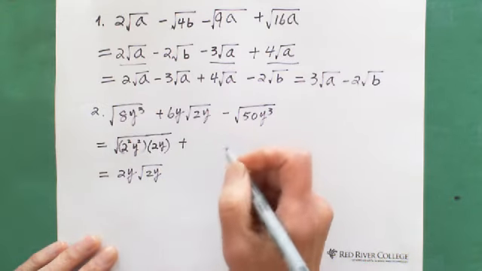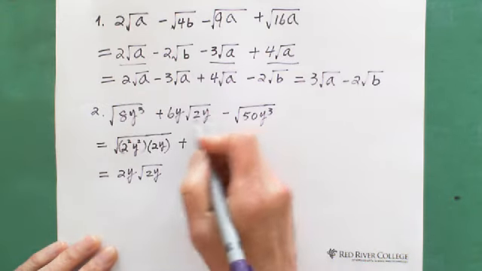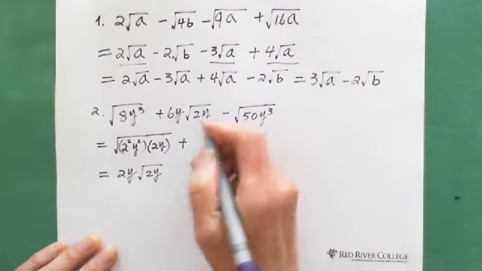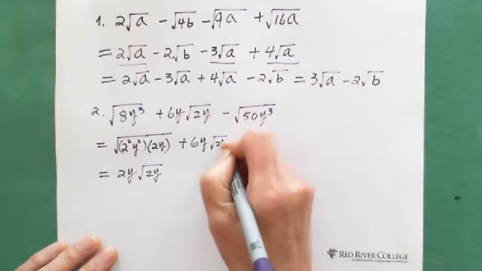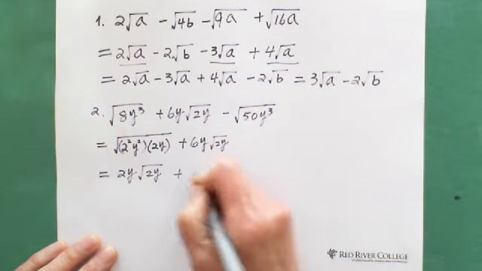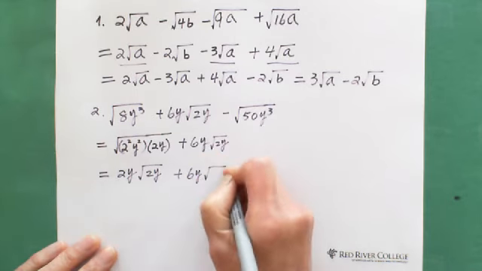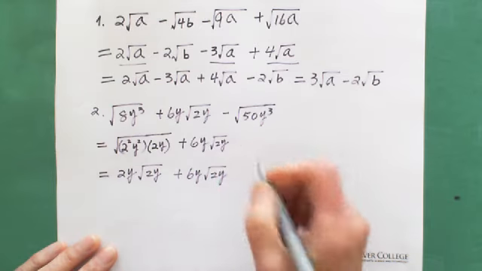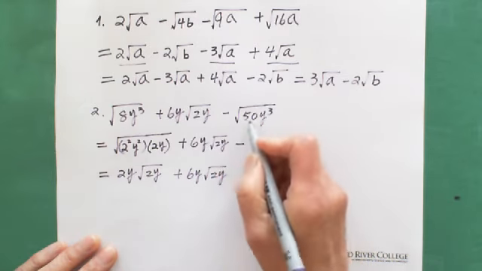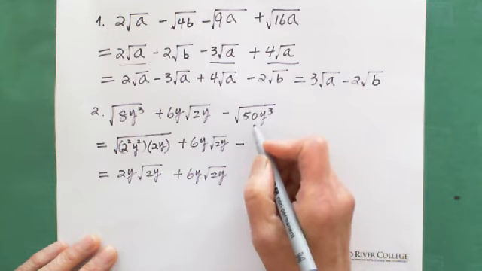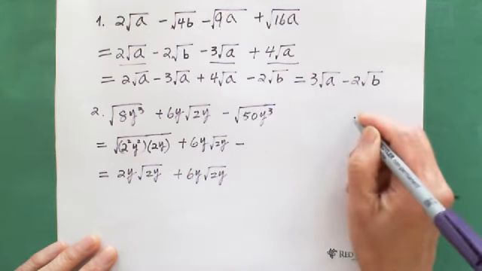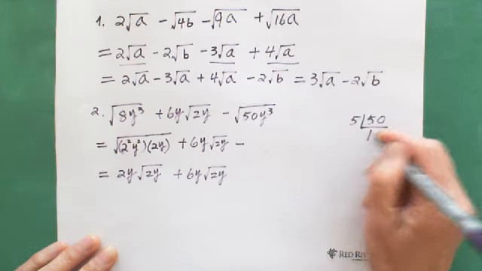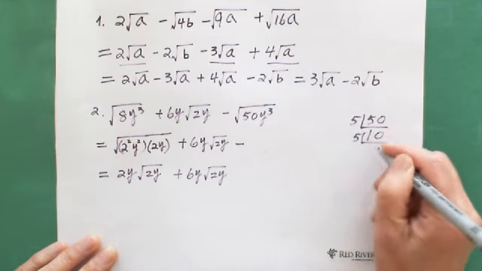The second term is 6y square root 2y. There's nothing we can simplify, so we copy it: 6y square root 2y. And this one is 50. We can factor 50: divided by 5 is 10, divided by another 5 you get 2.